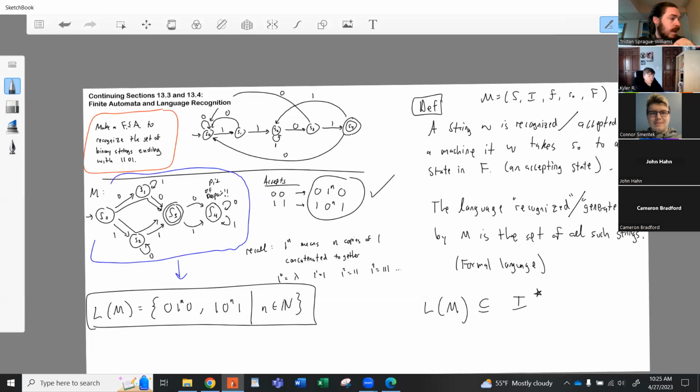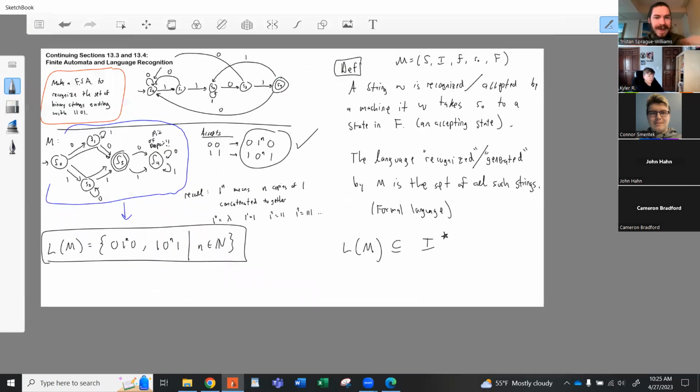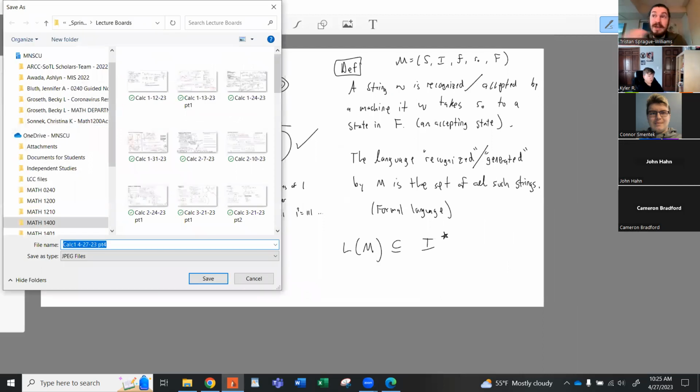I guess I don't have an example off the top of my head, but you can make machines that look different, with different states and different transitions, but they still recognize the exact same sets.